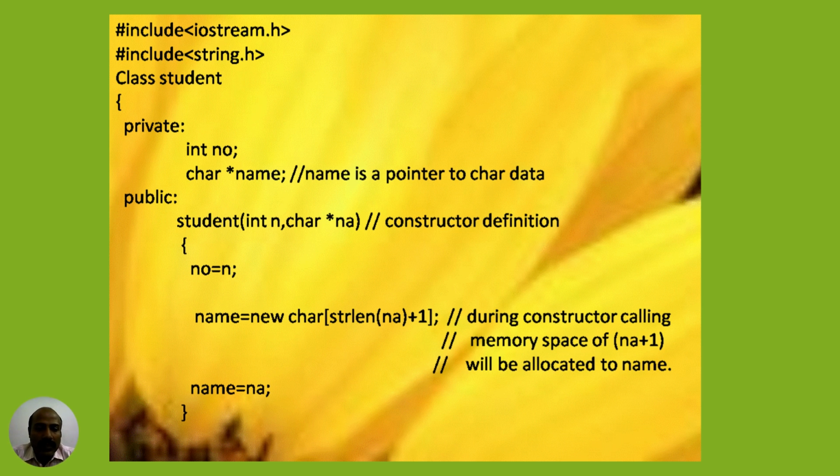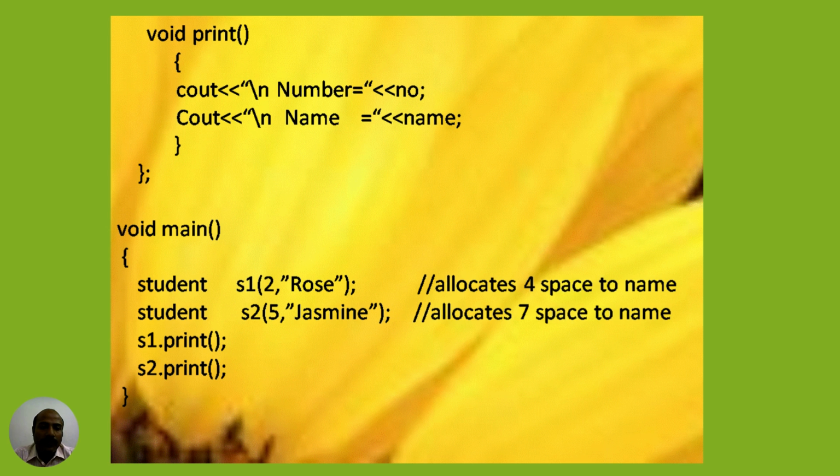During constructor calling, memory space of na plus 1 will be allocated to the name, and name equal to na. Here we create memory and assign the values. And void print, cout number equal to number and cout name equal to name. Here the constructor definitions end, and then the main function starts.